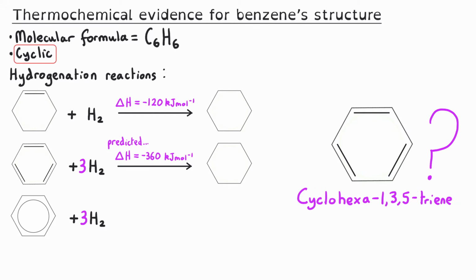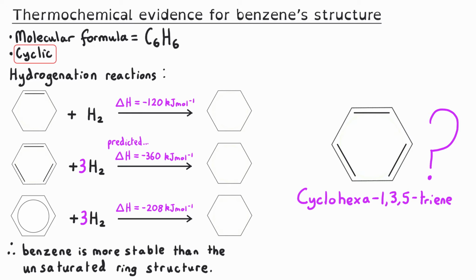In fact, when we hydrogenate benzene, we find that the enthalpy change is actually minus 208 kilojoules per mole. So this is significantly less exothermic than was expected. And the conclusion then is that benzene is 152 kilojoules per mole more stable than the proposed unsaturated ring structure of cyclohexa-1,3,5-triene.